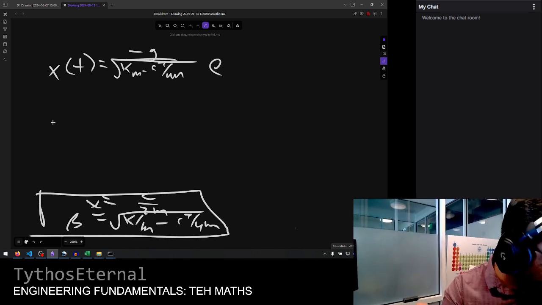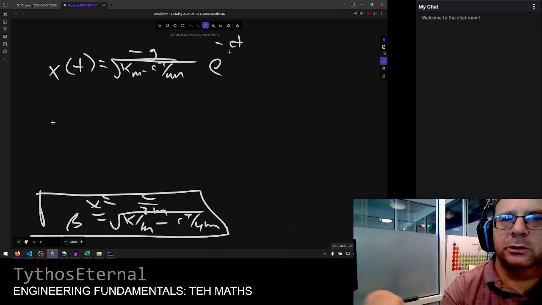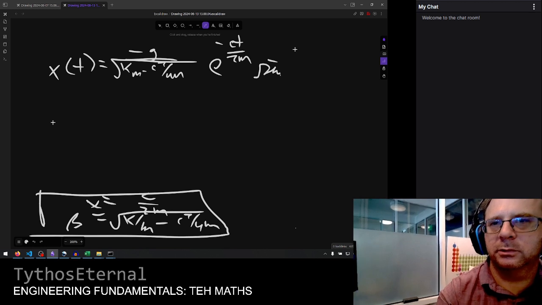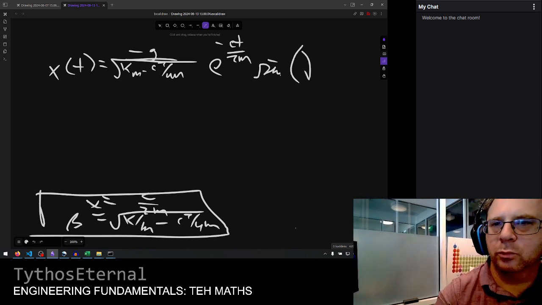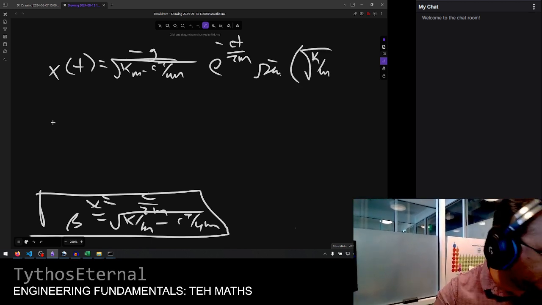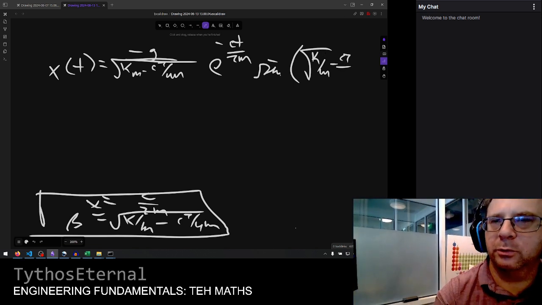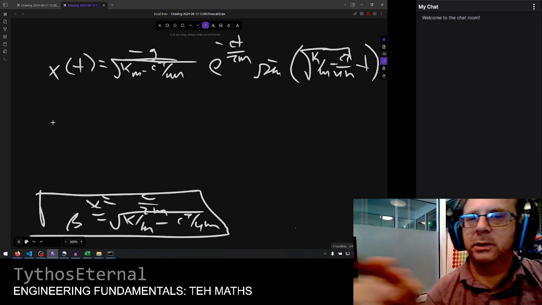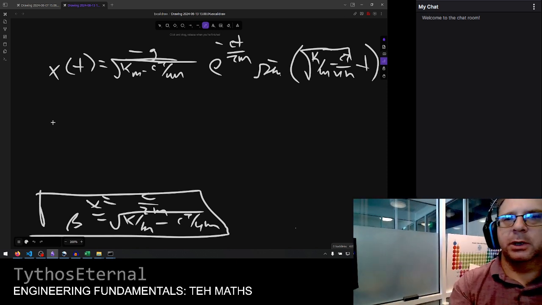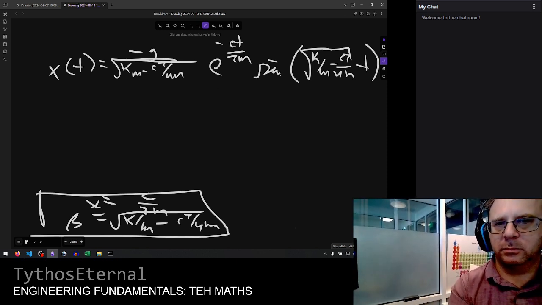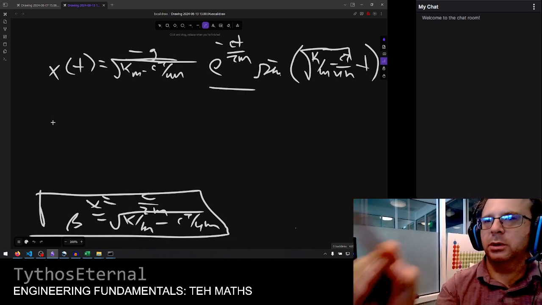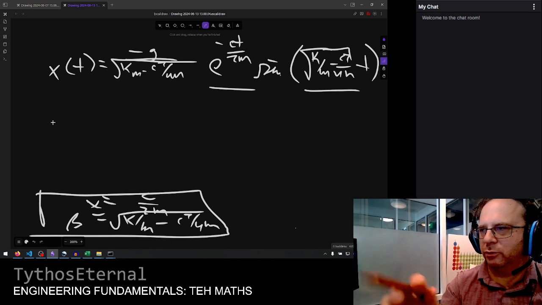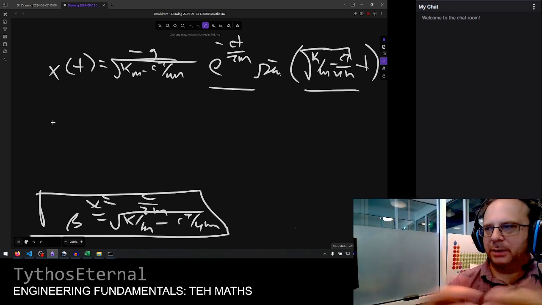That's the linearity term. Then e to the minus c t over 2m, sine of root k over m minus c squared over 4m, t, right? So now we can look at this form and observe there is some characteristic property of the exponential. There is some characteristic frequency of the response, and we can describe the system dynamics.